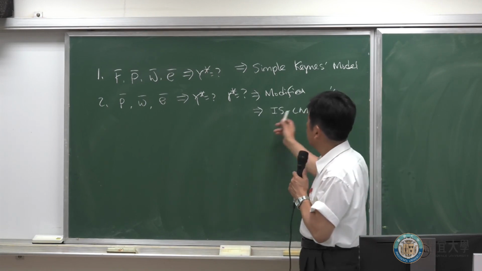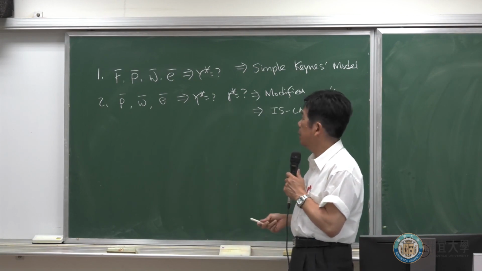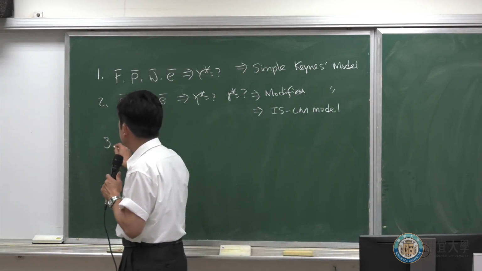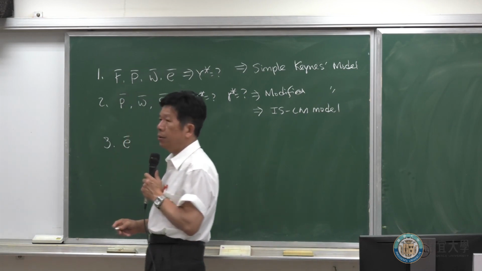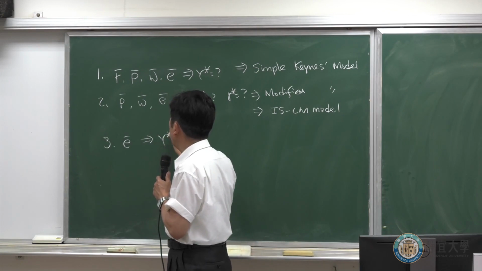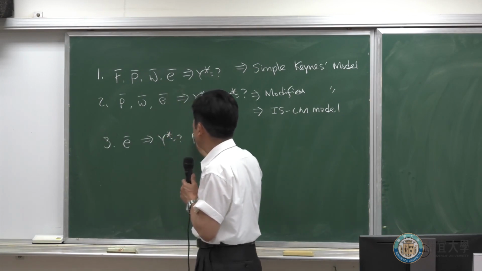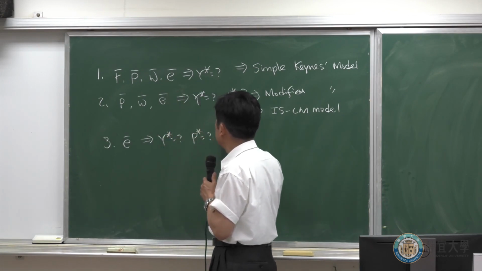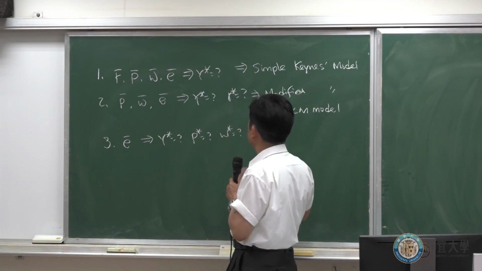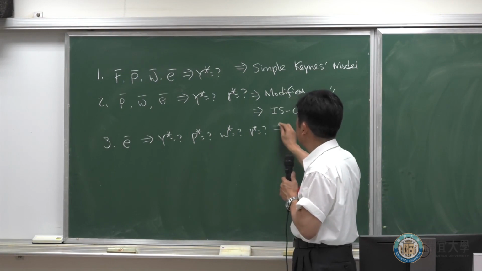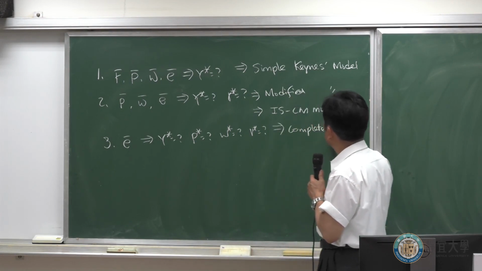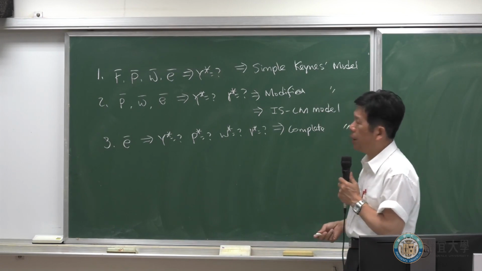So this is the second story, and for the third we let the exchange rate be constant, and then we want to find Y*, P*, W*, and R*. This we call the complete Keynes model.